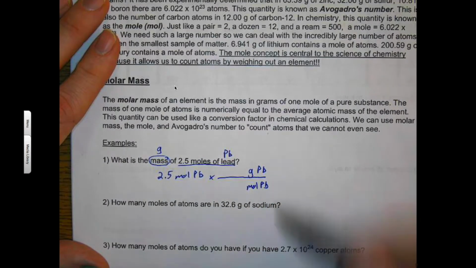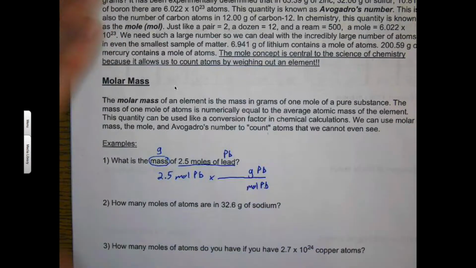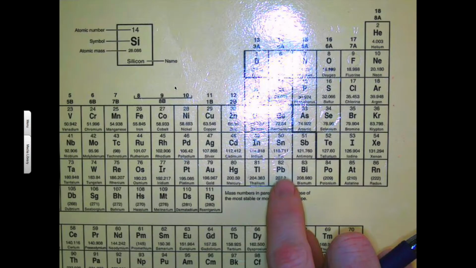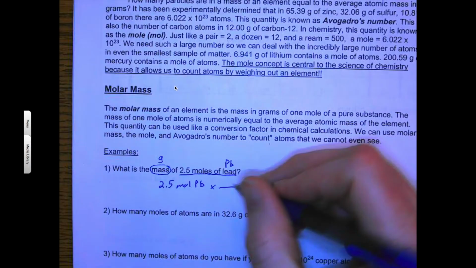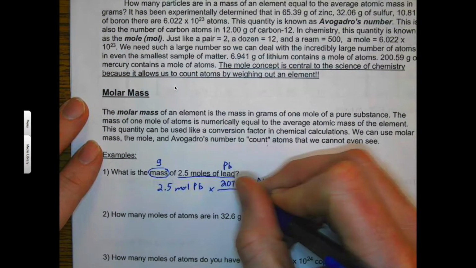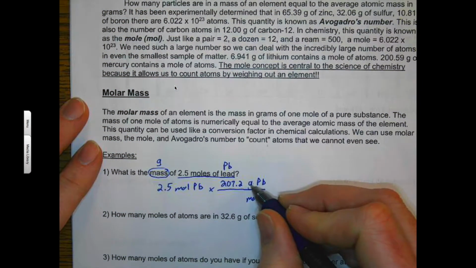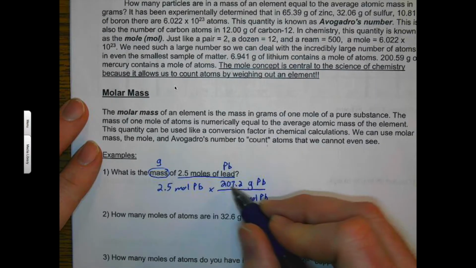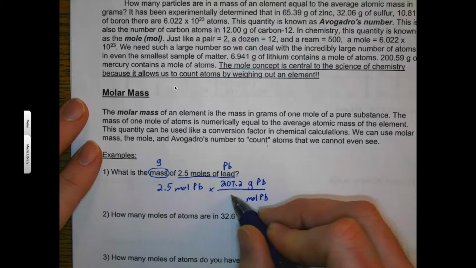All right. And that G right there, that G stands for go to the periodic table. You go to that periodic table, you'll look that number up. There you go, 207.2, and we're going to write 207.2 right there. That means that there are 207.2 grams in 1 mole.